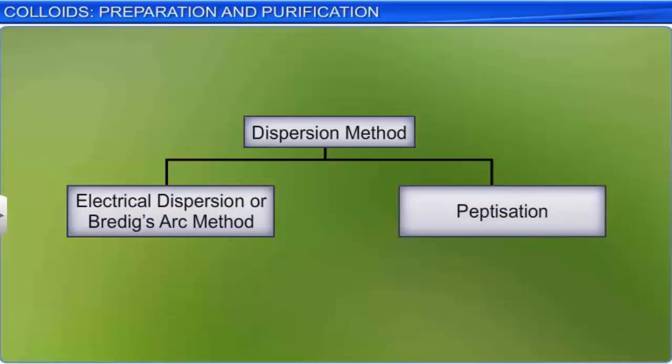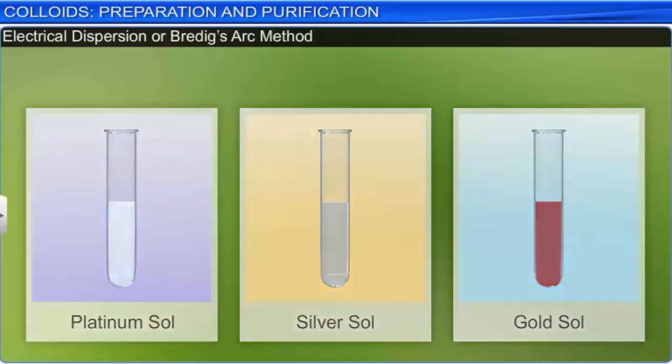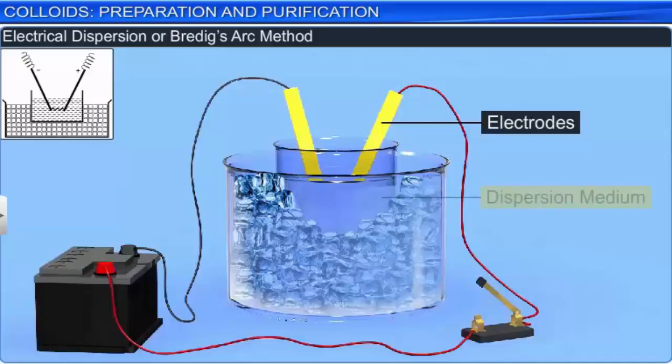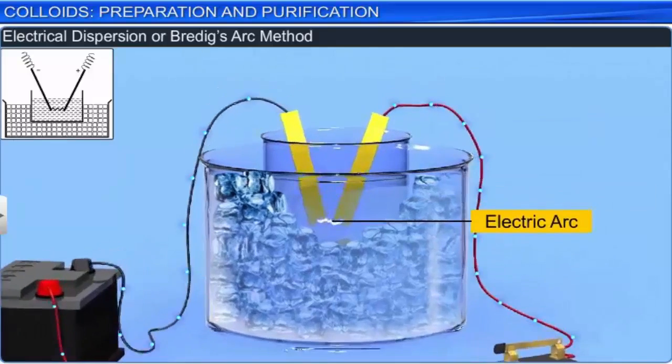Let us discuss electrical dispersion or Bredig's arc method first. This method is commonly used to prepare colloidal solutions of metals such as platinum, silver, and gold. In this method, two electrodes of the metal whose colloidal solution is to be prepared are immersed in the dispersion medium and an electric arc is struck between the electrodes.